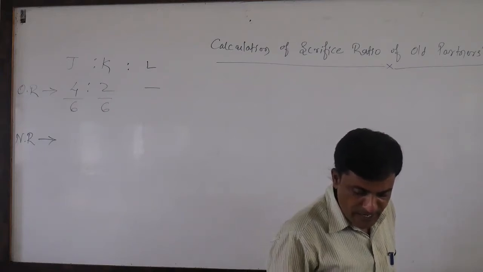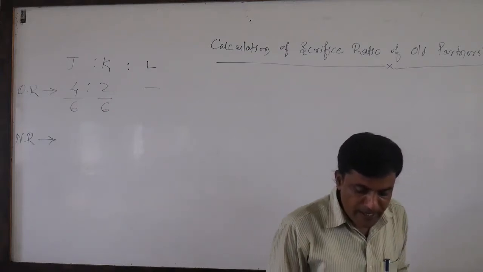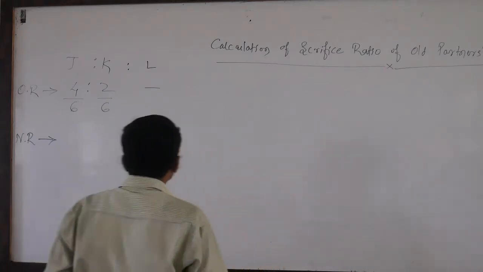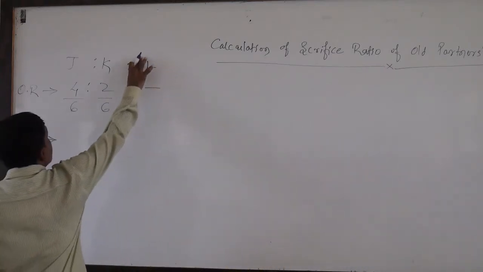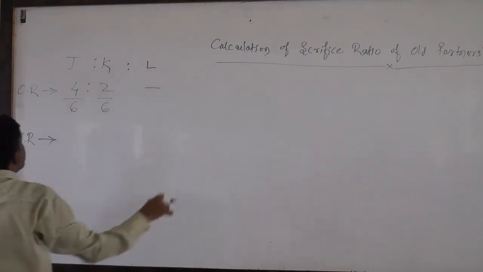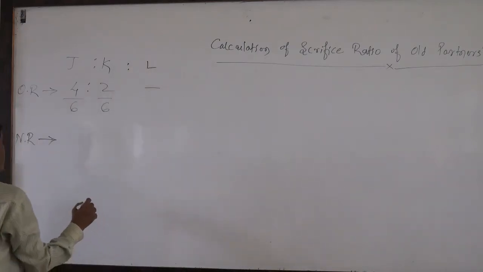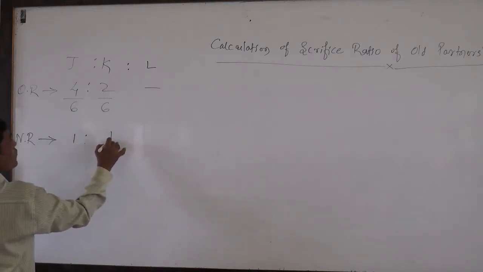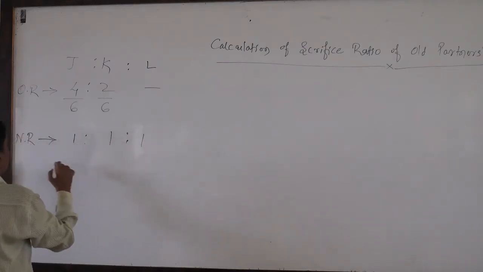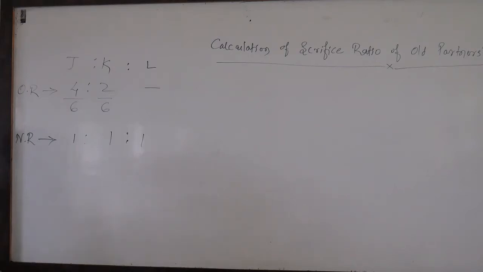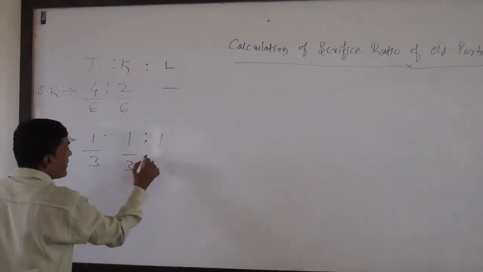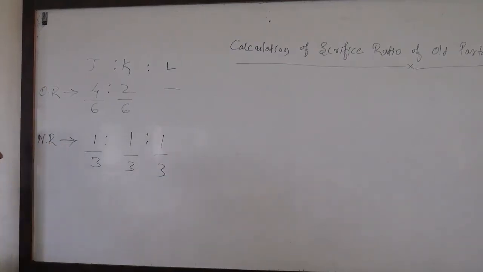After admitting L as a new partner, all the partners share profits and losses equally. So after giving admission to L as a new partner, they share profits in the ratio of 1:1:1. That is the new ratio, 1:1:1, means 1 by 3, again 1 by 3, again 1 by 3.